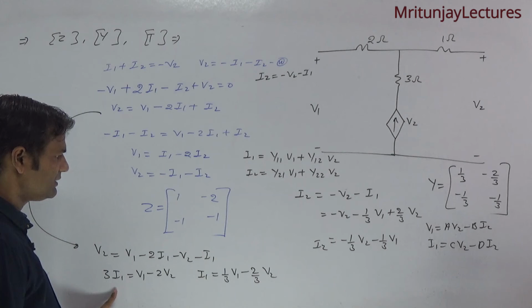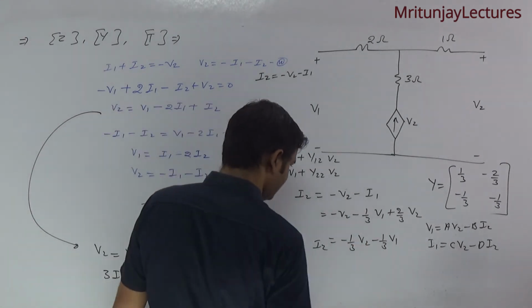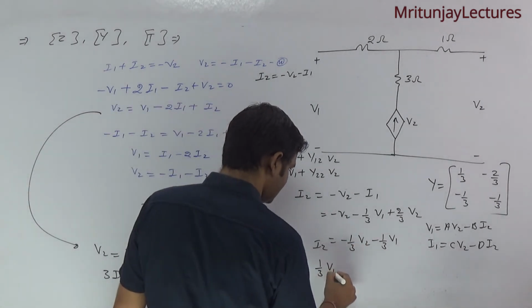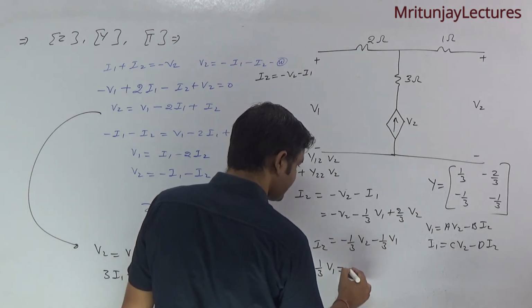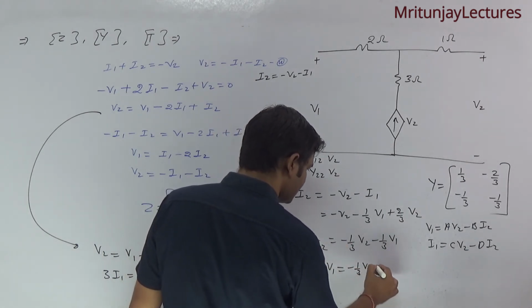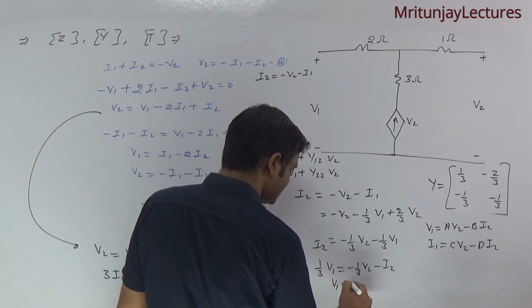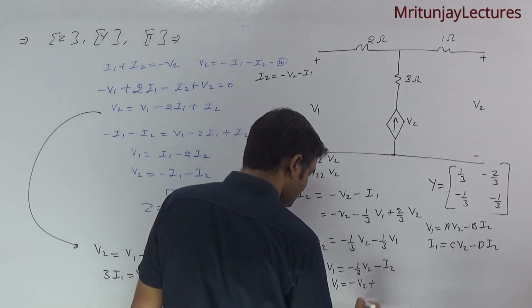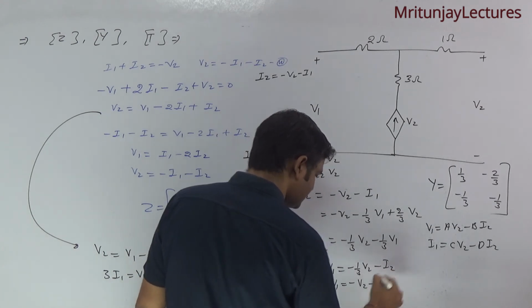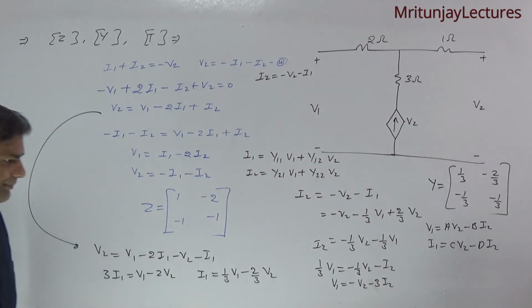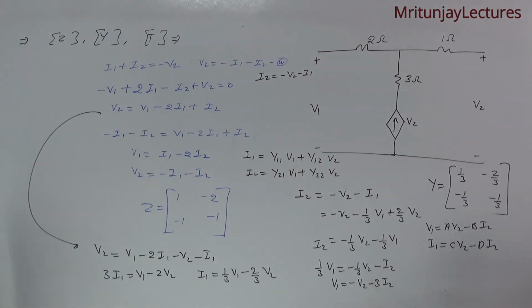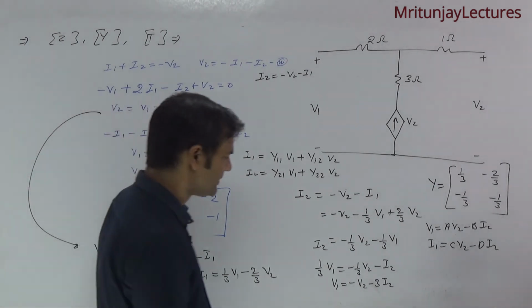V1 is written as 1 by 3 V1 is equal to minus 1 by 3 V2 minus I2. Okay, so V1 is written as minus V2 plus minus 3 I2. Okay, V1 in the terms of corresponding to here.